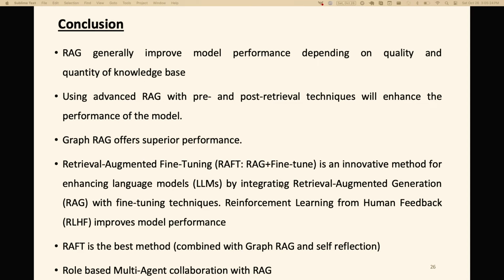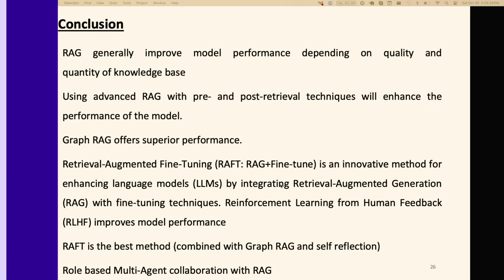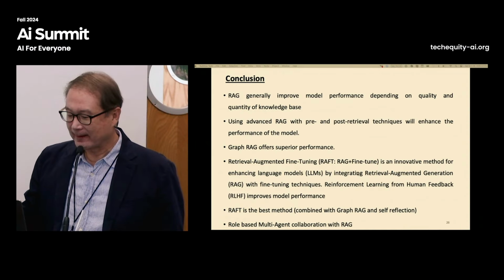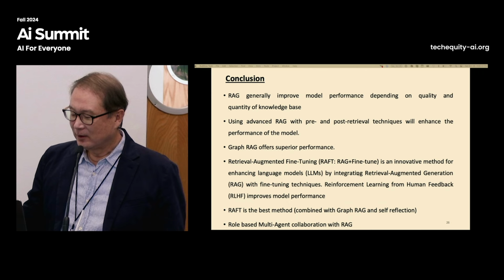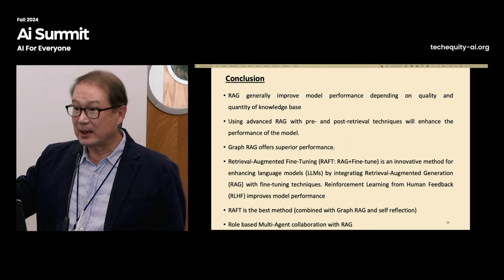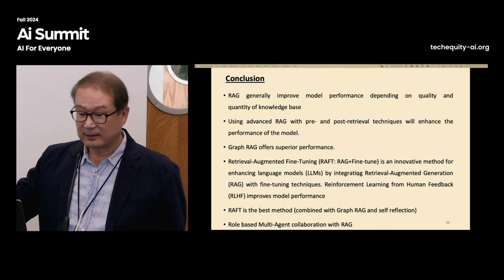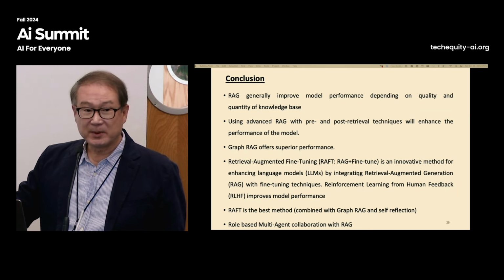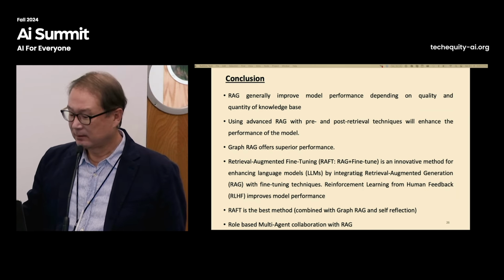So the conclusion is, RAG generally improved the model performance, okay? And graph RAG offers superior performance. And then retrieval-augmented fine-tuning, which is RAG plus fine-tuning. So if you can combine fine-tuning plus RAG, right? It'll give you a much better result than original RAG.